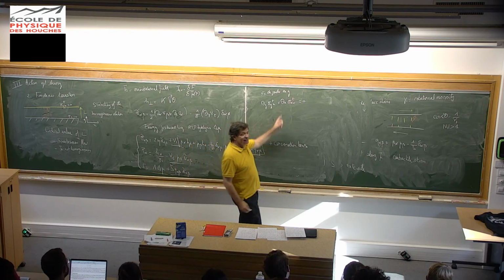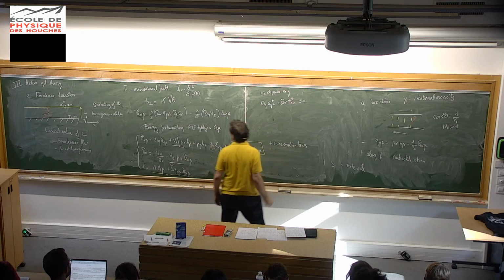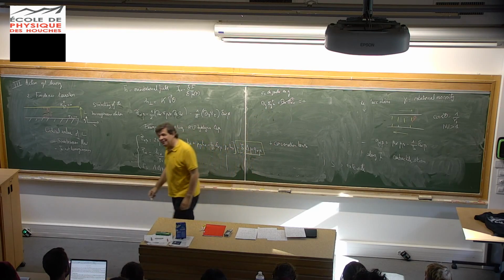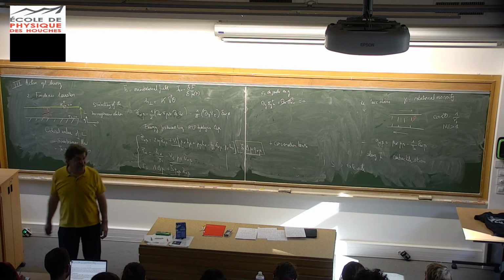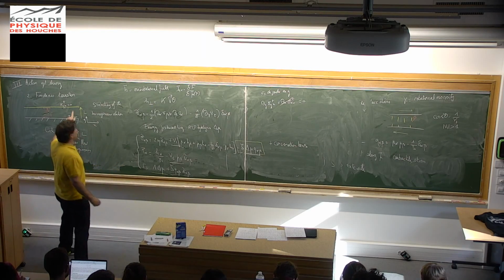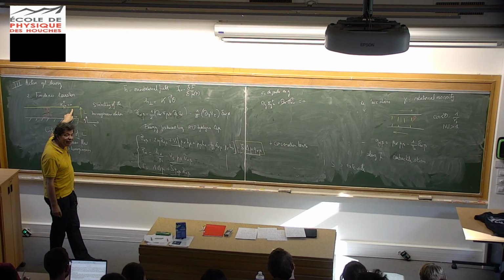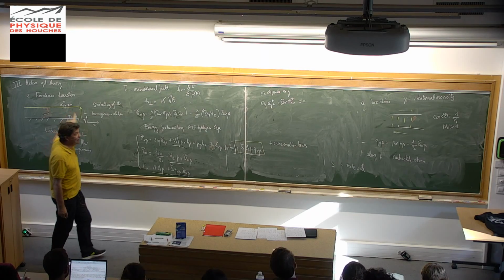But sigma xx doesn't depend on x. So dy sigma yx is equal to 0. So sigma yx is constant. And because on the surface sigma yx is equal to 0, sigma yx is equal to 0 everywhere.